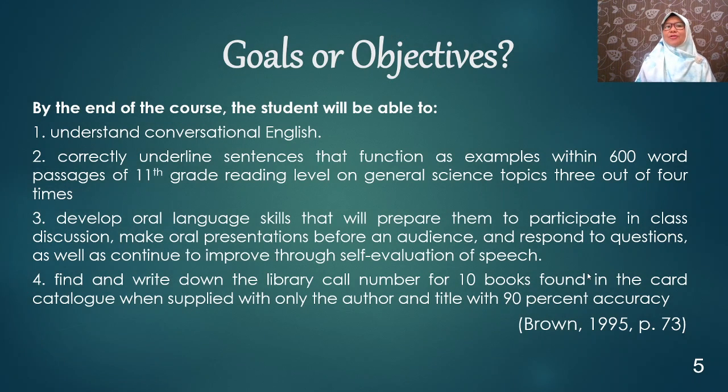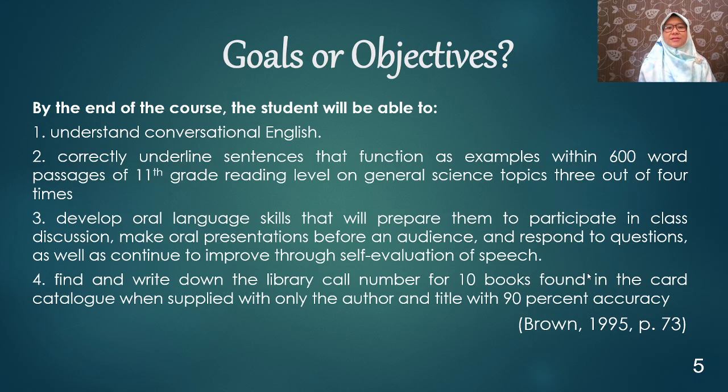Now, let's see about goals and objectives. We have here four statements that can be categorized as goals and objectives. Let's see together. By the end of the course, the students will be able to: 1. Understand conversational English. 2. Correctly underline sentences that function as examples within 600-word passages of the 11th grade reading level on general science topics 3 out of 4 times. 3.